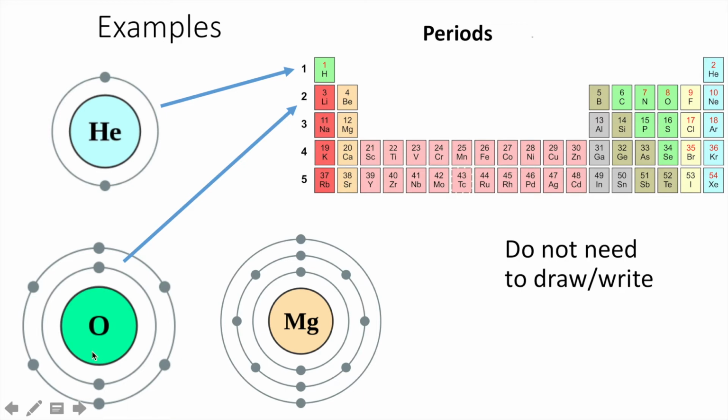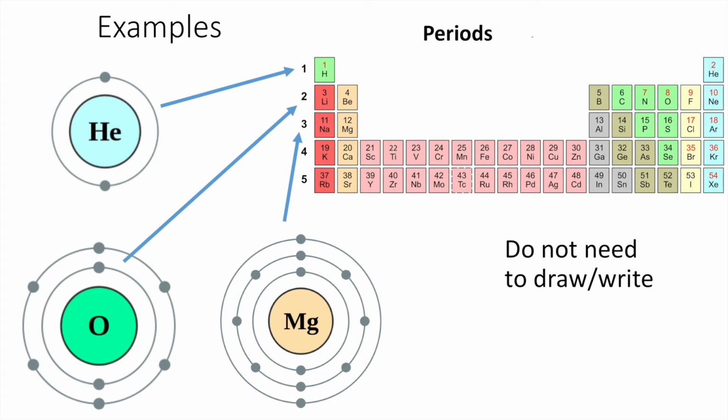For magnesium, we know that it is in the third period, so the third row means that there will be 3 orbitals or 3 shells around the nucleus. So that's just to give you an idea of how to figure out how many shells exist for each element.